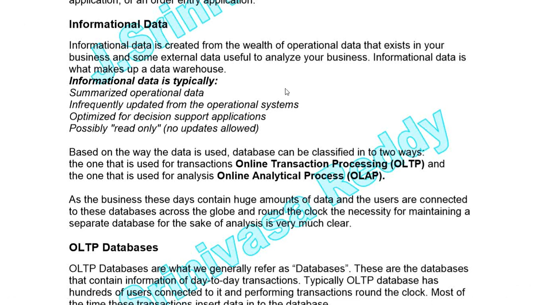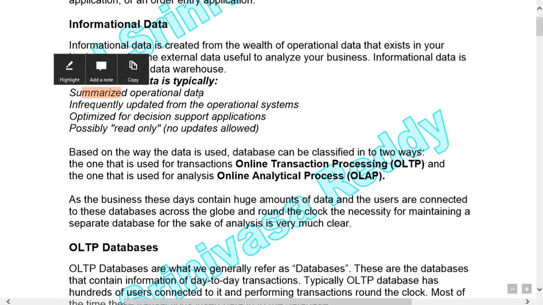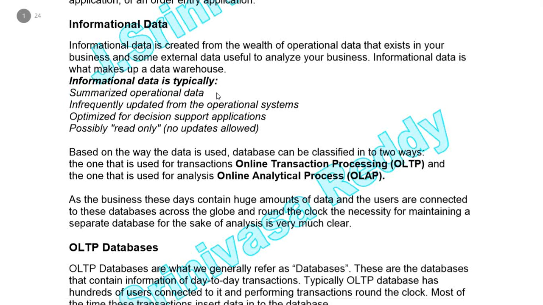The data warehouse is a relational database which contains such informational data. Informational data is summarized, consolidated data. It is summarized operational data. Informational data we are not modifying very frequently.